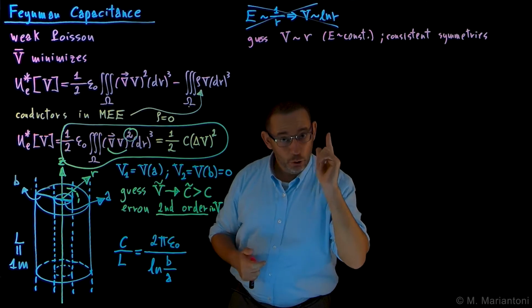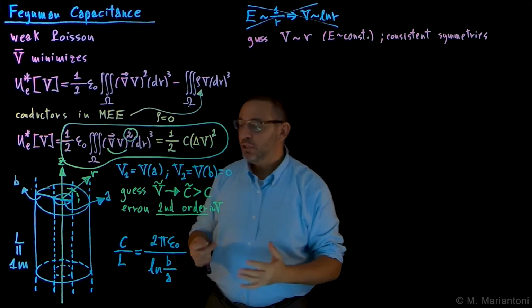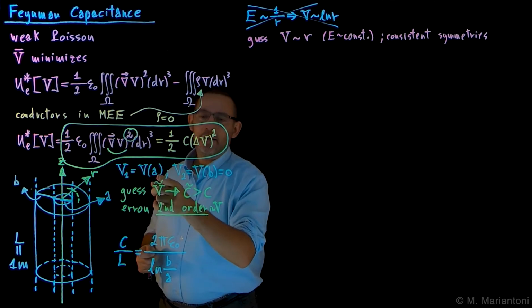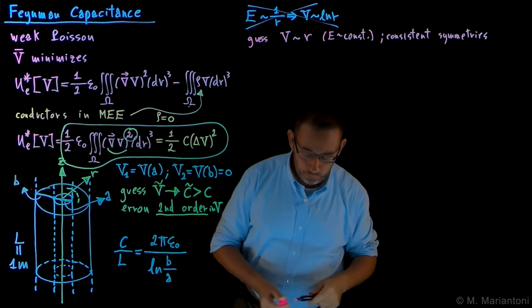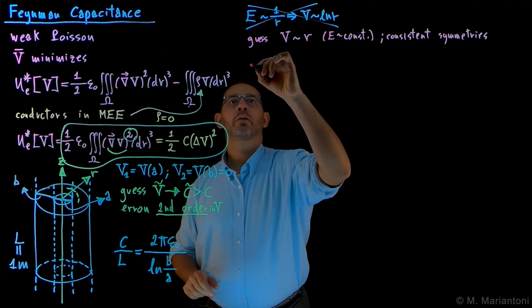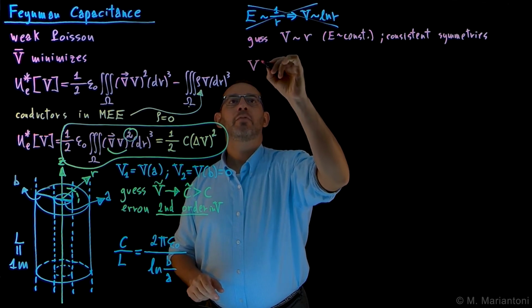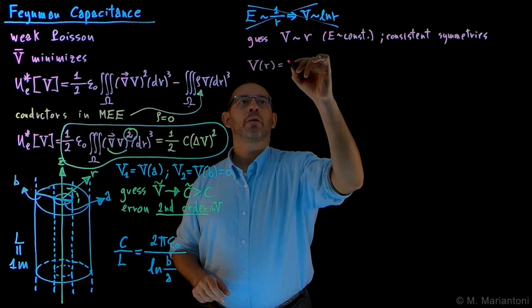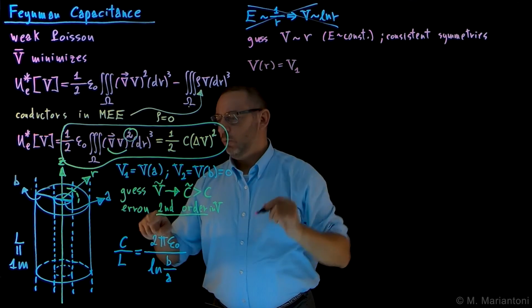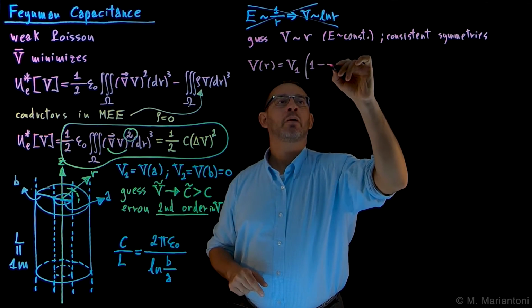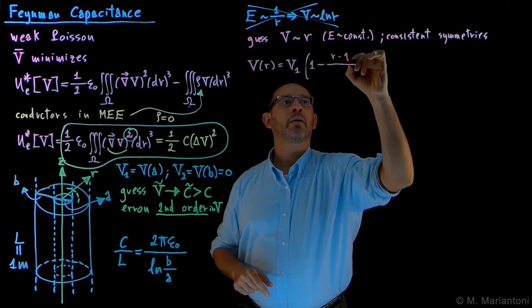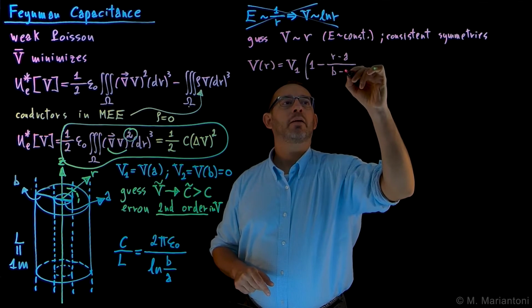Now, we also need to fulfill the boundary conditions, so that V at a is V1 and V at b is 0. So one possible guess, which is easy to find, is V as a function of r is going to be V1 times 1 minus small r minus small a divided by b minus a.